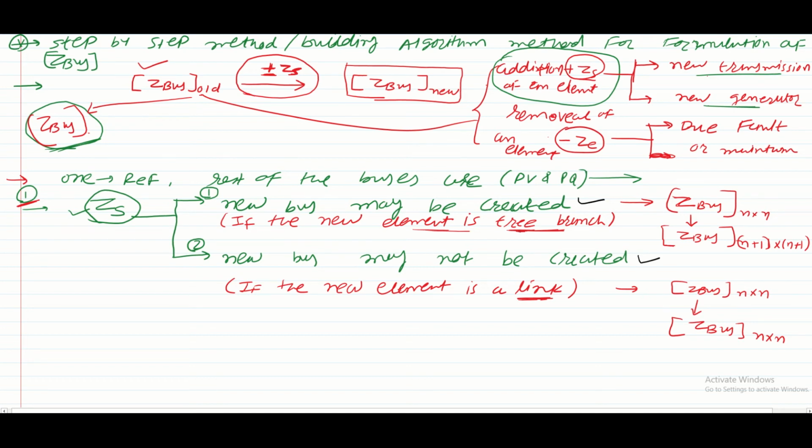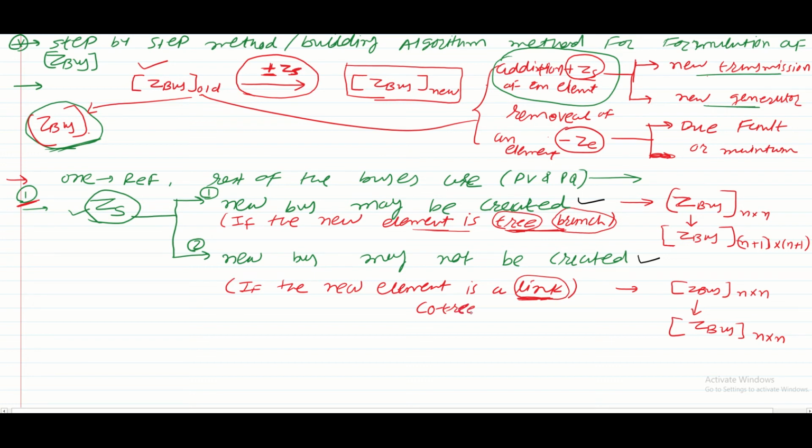Let me again recall what a tree branch is. A branch is known as an element of the tree, and a link is known as an element of the co-tree. Clear?